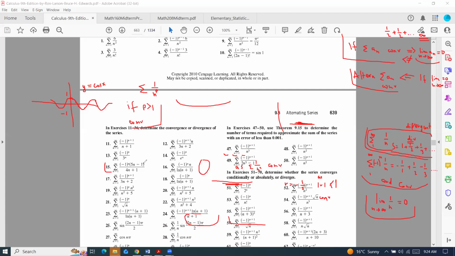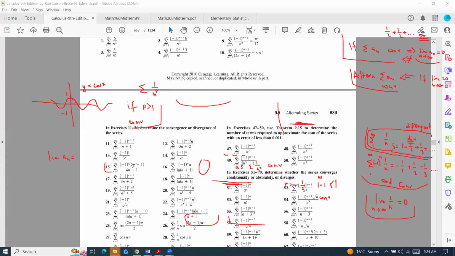What can you say about its convergence or divergence? Well, all I care about is the limit of the nth term. Remember, it must approach zero. If it's approaching zero, then we have a convergent series in terms of absolute values.